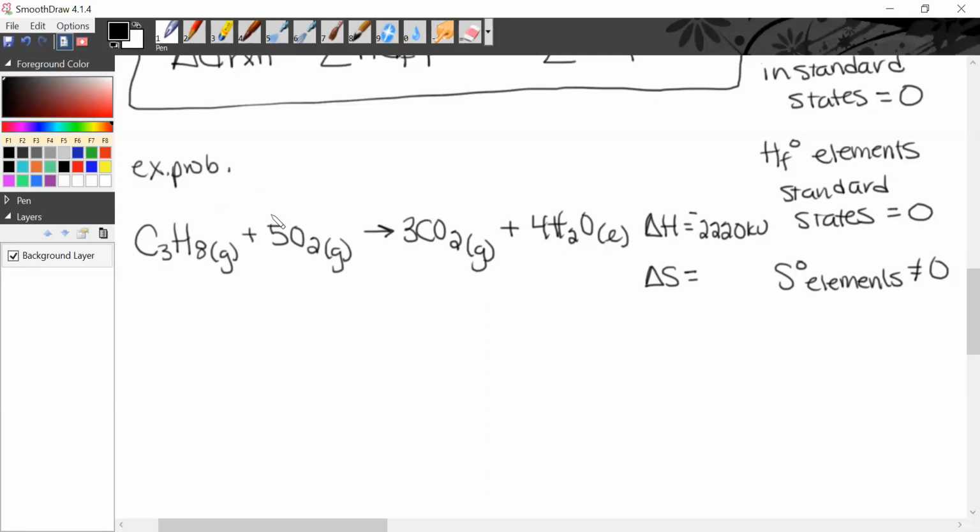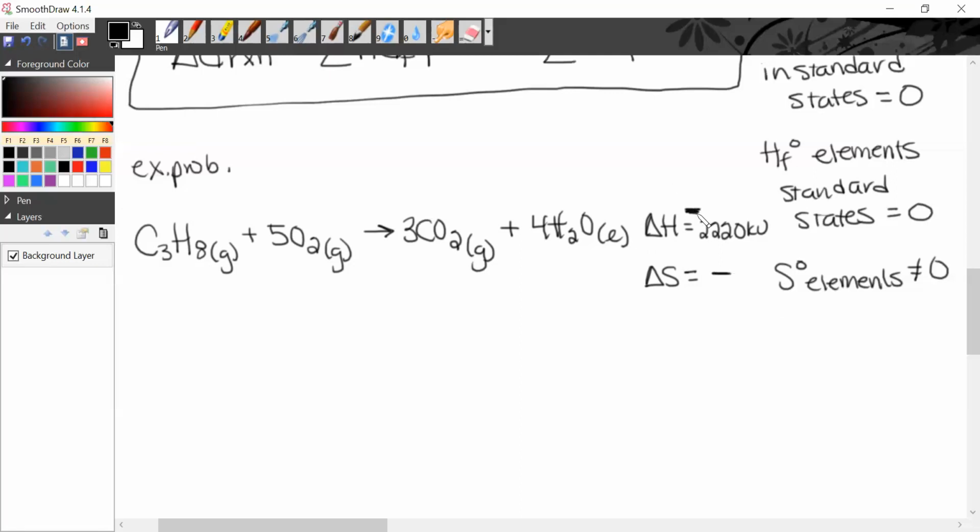So if I have 6 moles of gas on the left and 3 moles of gas on the right, is this becoming more ordered or more disordered? More ordered, right? I'm making a liquid. Gases are messier, right? So if it's becoming more ordered, what sign should I get for delta S? Negative, right?